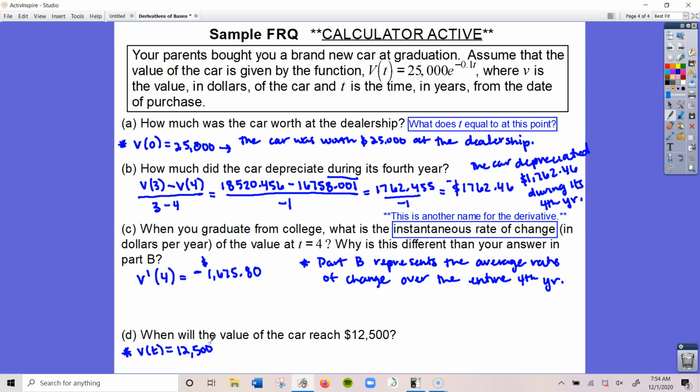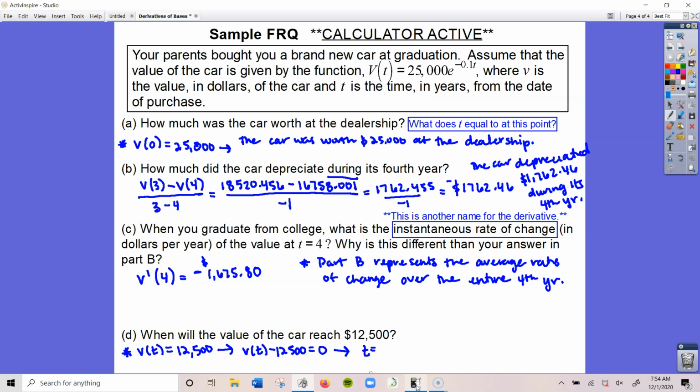But what it can calculate is the zeros, so your x-intercepts. So we're going to set this equation equal to 0. We're going to make v of t minus 12,500 equal to 0. All I did was subtract it over to v of t and make it equal to 0 so that now I could find t.